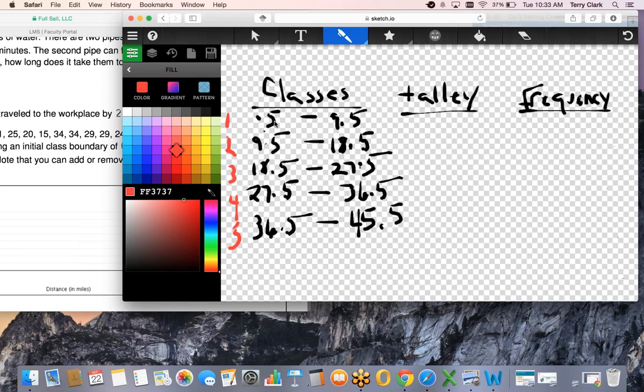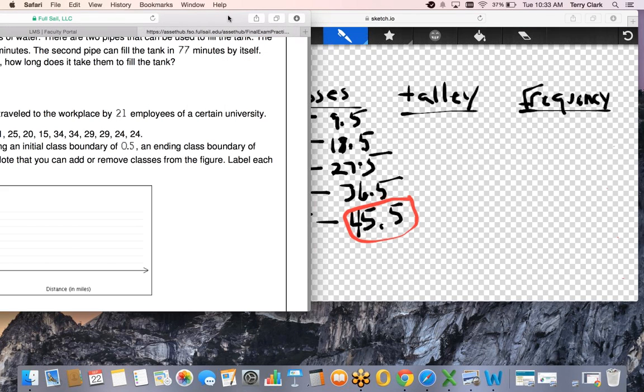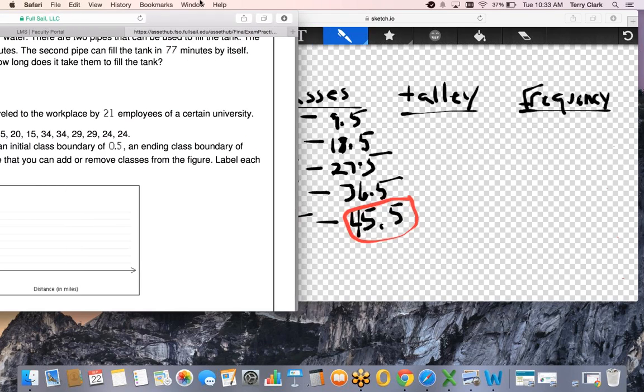They said that the lower boundary had to be 0.5, and there we go. And the ending upper boundary had to be 45.5, and there we go. And then they said they had to be a difference of 9, well, they didn't tell us that. We figured that out on our own. But that's all the information they gave us.